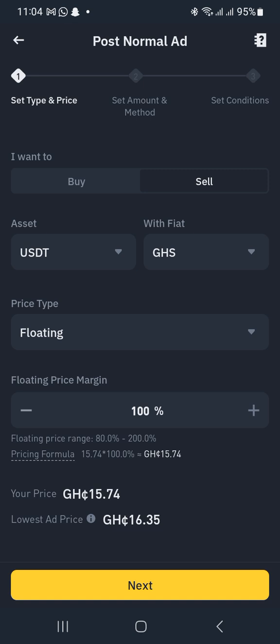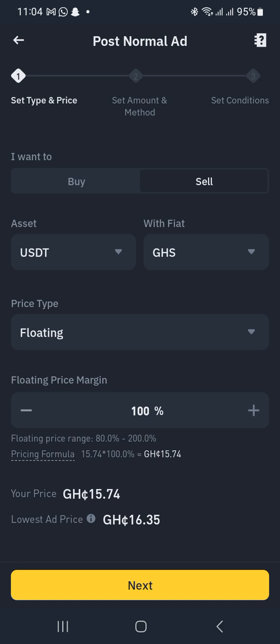So this percentage takes care of fluctuations, either up or down, just making sure things are monitored without my manual control over this ad. So the central system, Binance, takes care of this. When the market is going up, the system monitors the market and does the adjustment for me on the fly. You understand? I hope you're getting the picture.